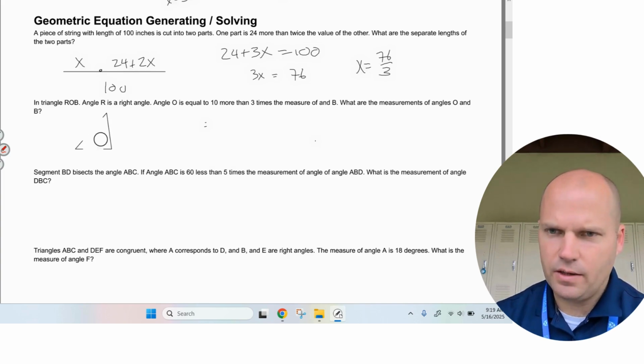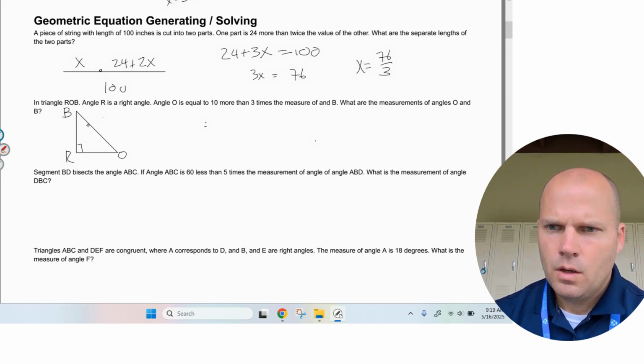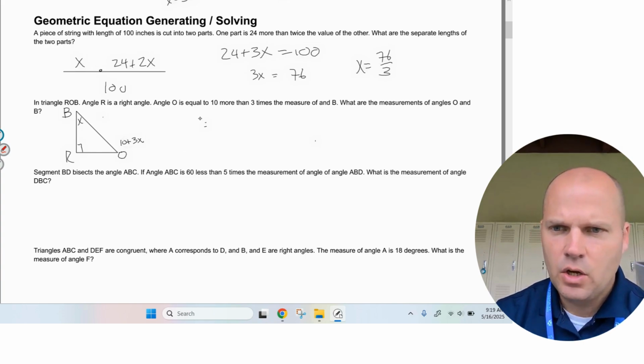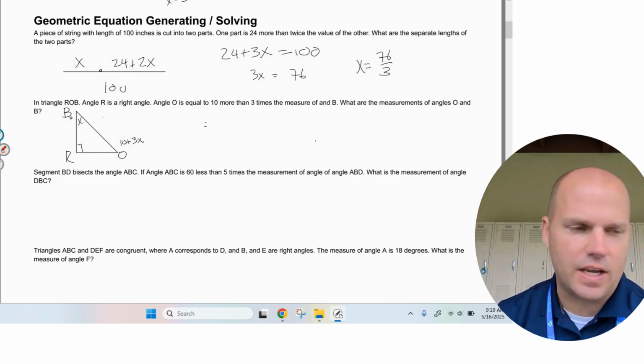Angle R is the right angle. Maybe I'll draw it this way. R is the right angle, O, B. Angle O is 10 more than 3 times the measure of angle B. So I'm going to label B as X, and this is 10 plus 3X. Well, I know that these three angles add up to equal 180, or these two angles have to be complementary.